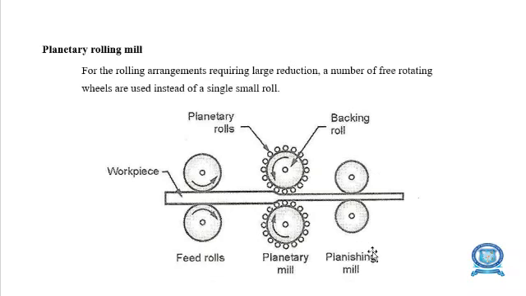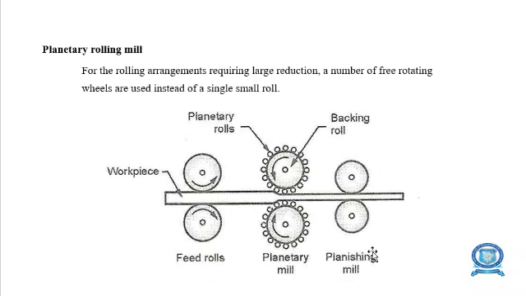The planetary mill consists of a pair of heavy backing rolls surrounded by a large number of planetary rolls. The main feature of this mill is that it reduces a hot slab to a coiled strip in a single pass.